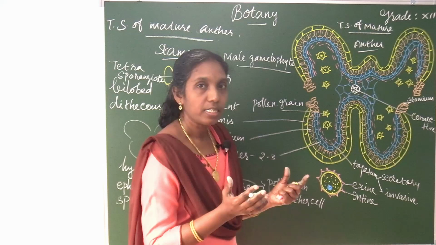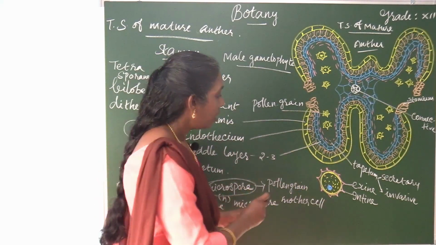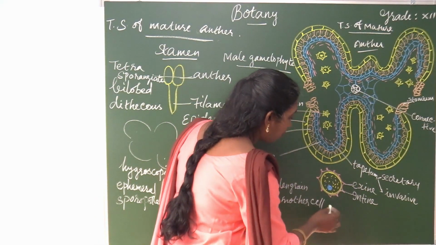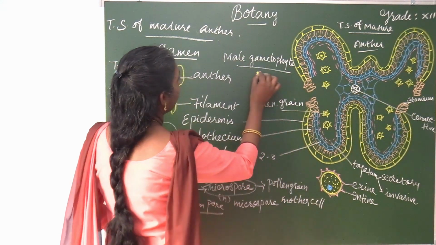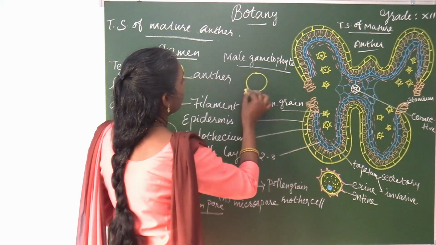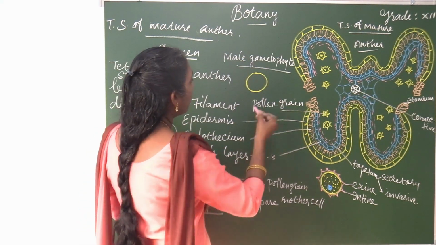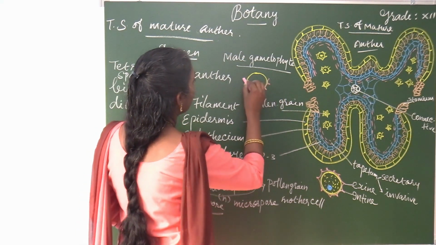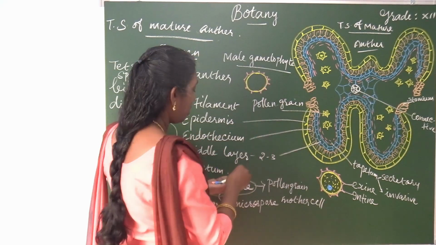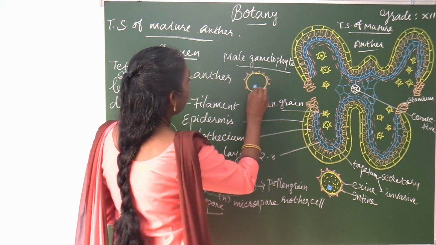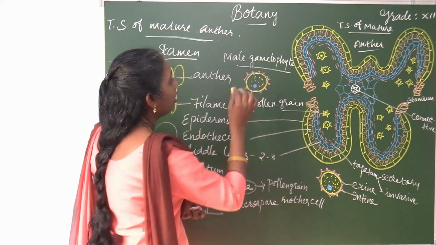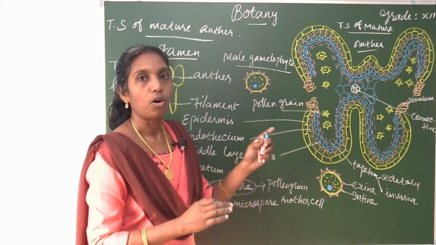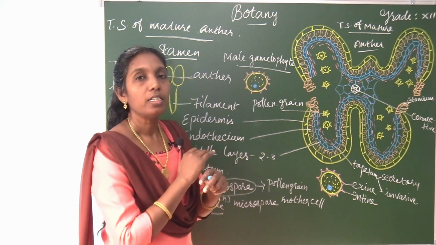When it divides, the cell becomes two. This is the exine, the outermost layer, and the intine; this is the nucleus and the dense cytoplasm. This nucleus of the pollen grain divides.